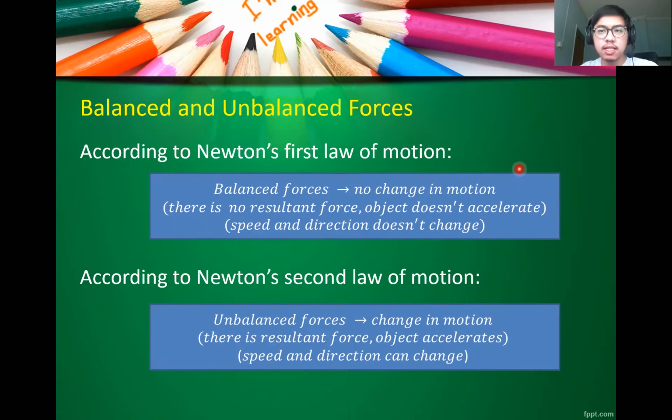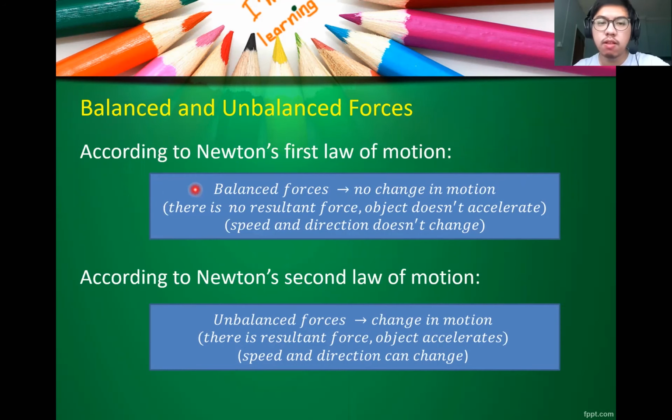So here is a summary. So hopefully all of that is not confusing for you. And here is the summary of the first two laws of motion. Okay, there are three laws. We looked at two just now. So the first law and the second law. The first law is talking about what happens when there is no force and there's no resultant force.